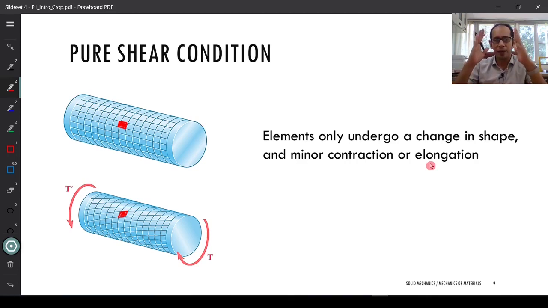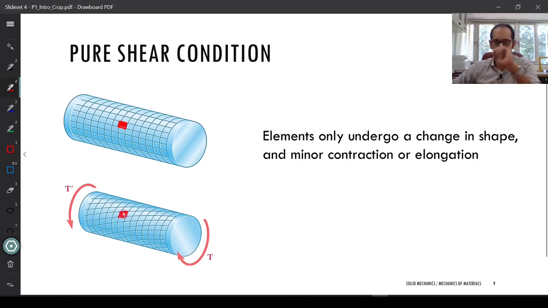When you apply an expansion or a contraction, the element expands or contracts, right? Whereas if you're applying shear, then that particular element only undergoes a change in shape. Exactly what is going on here. This red colored element which we just drew over here is not undergoing any appreciable expansion or contraction, but it is undergoing a change of shape.